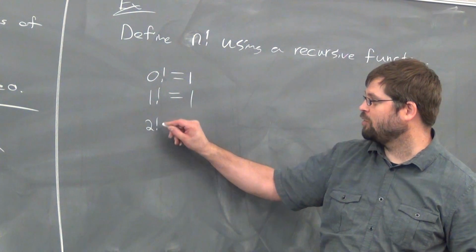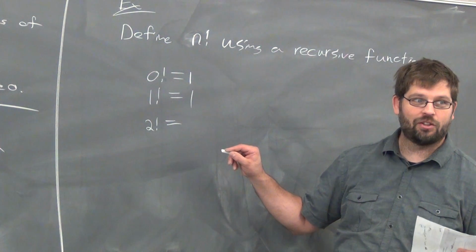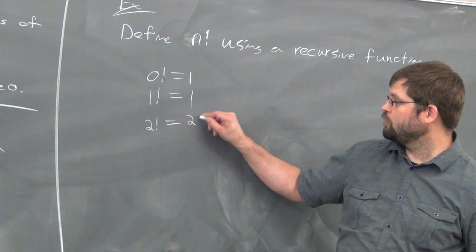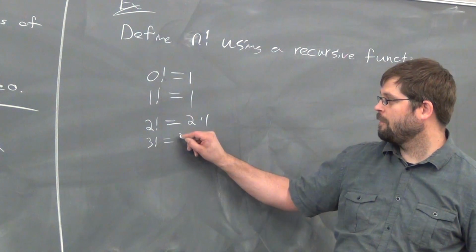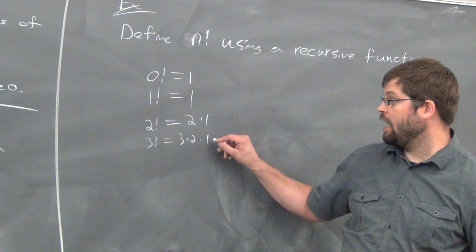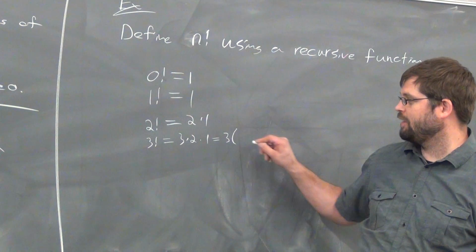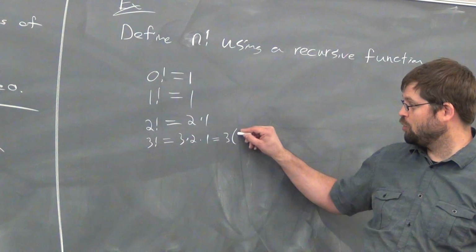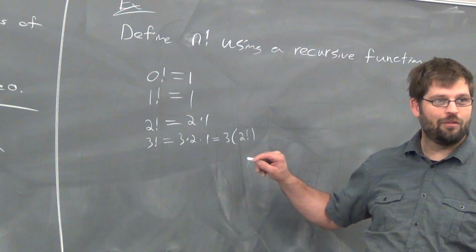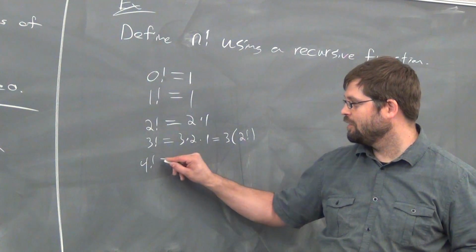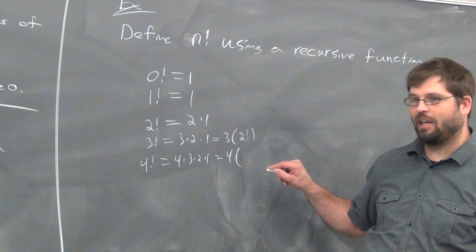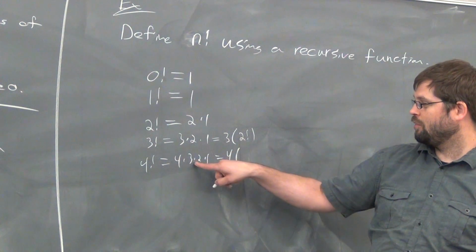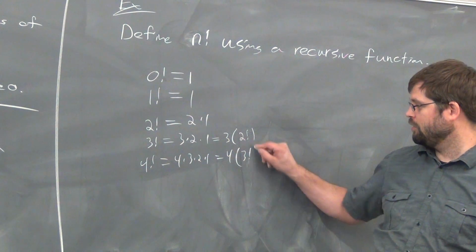But then the rest of them, I hope, make more sense, right? 2 factorial is 2 times 1. 3 factorial is 3 times 2 times 1, and in particular, it's 3 times 2 factorial, right? And 4 factorial is 4 times 3 times 2 times 1, but it's 4 times 3 factorial. Does that make sense?